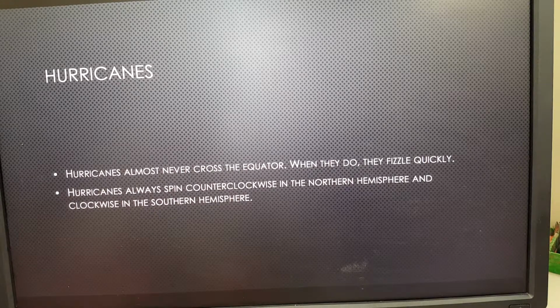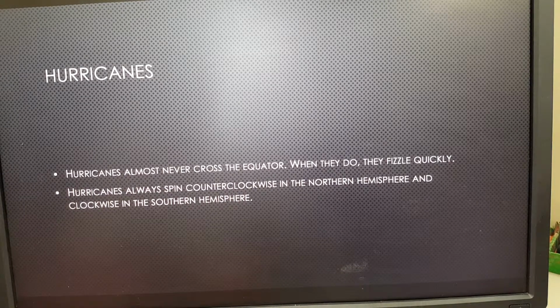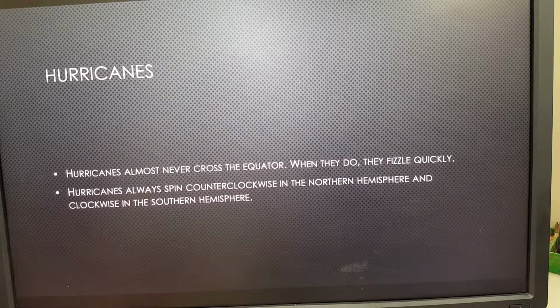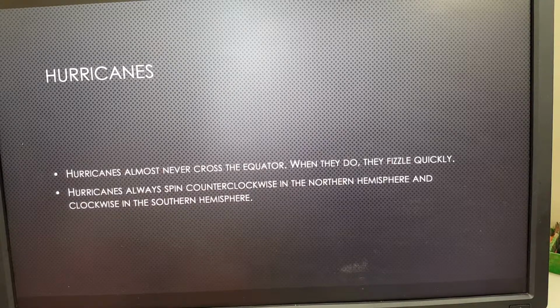If they ever do cross the equator, and I think there's been one or two in the history of recording, they fizzle very quickly. Hurricanes always spin counterclockwise in the northern hemisphere and clockwise in the southern hemisphere. If you think there's a pattern there, it's because there is.